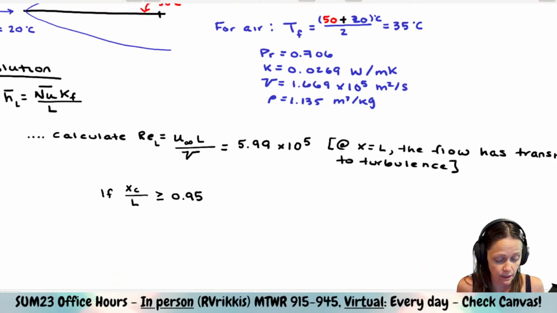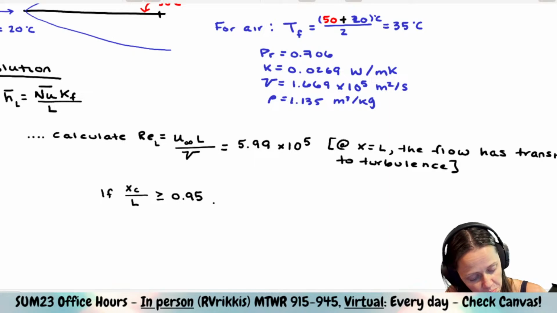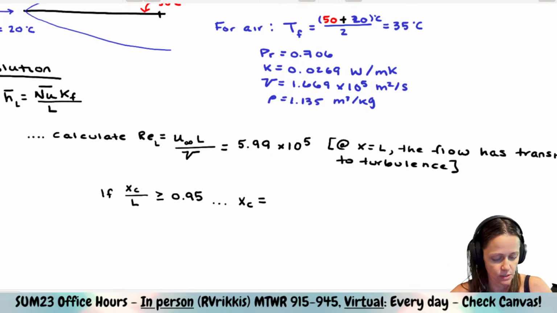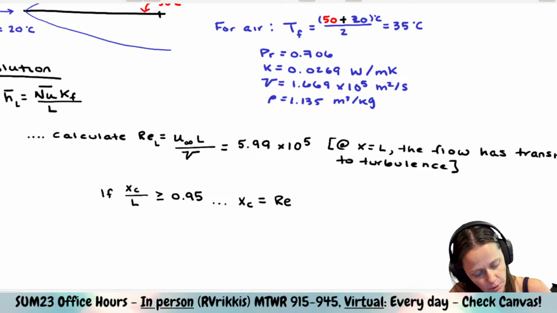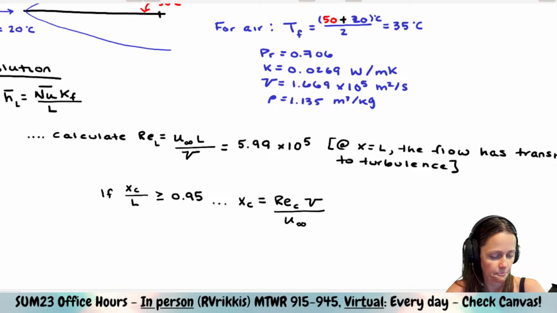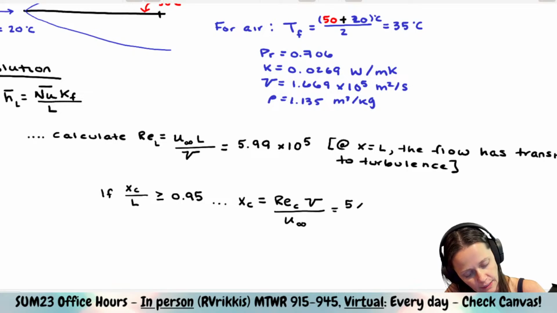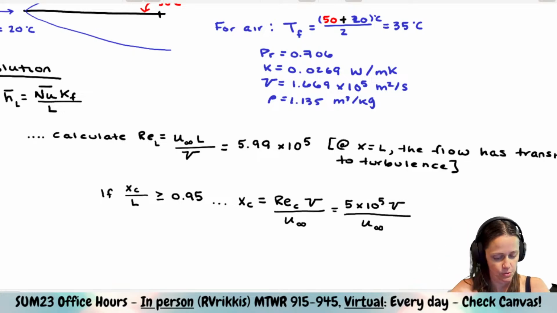So we can check that and see if we could use an equation for a Nusselt number for laminar flow. It's worth checking. The critical length would be based on your Reynolds number equation: the critical Reynolds number, 5 times 10 to the 5th, times the kinematic viscosity over U infinity. And we have all those, right?